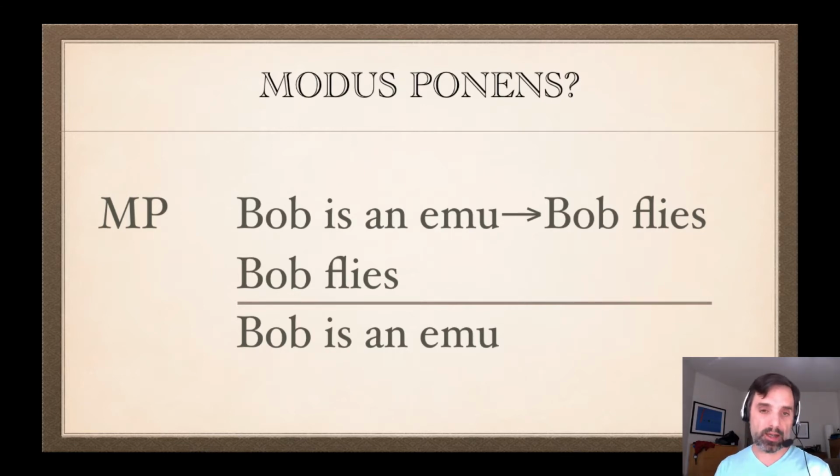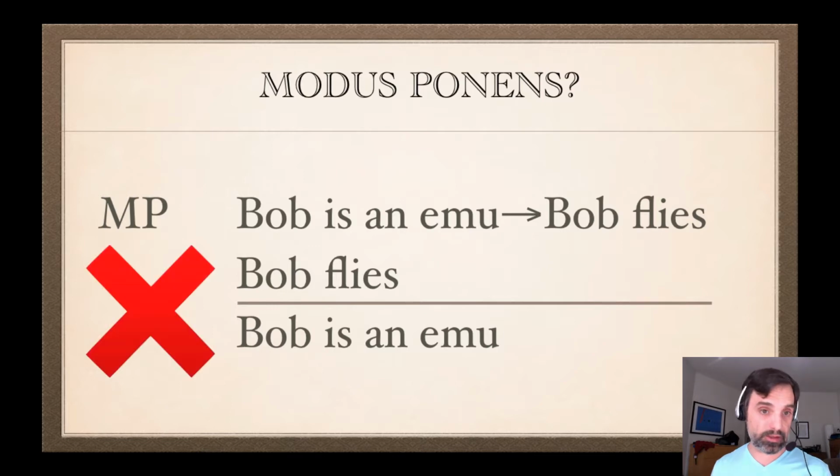So there are lots of ways that the premises could be true and the conclusion false. And this is not the same form as the inference we previously saw. In this case, the premises are a conditional and its consequent, and the conclusion is the antecedent. In the previous case, we had a conditional and its antecedent, and the conclusion was the consequent. So that's a good form of arguing, and that's modus ponens: conditional plus antecedent, infer consequent. This is a bad form of reasoning, so this is not modus ponens.